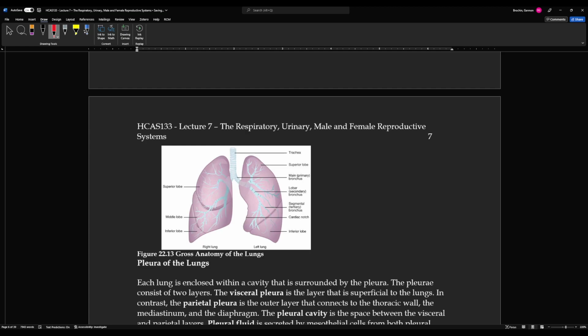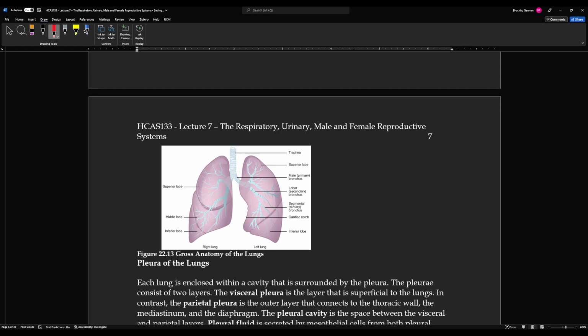The visceral pleura is the pleura that actually lines the organs themselves, whereas the parietal pleura is what contacts the thoracic wall. The pleural cavity is the space between the visceral and parietal layers, and there is actually pleural fluid within that space. Very, very thin.